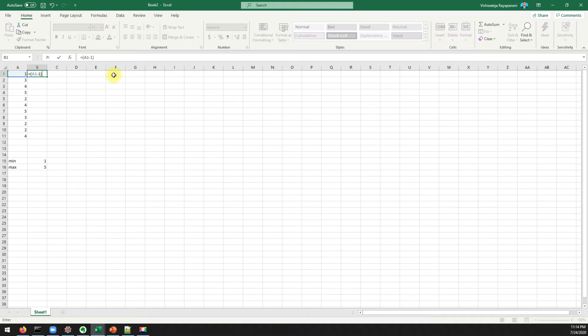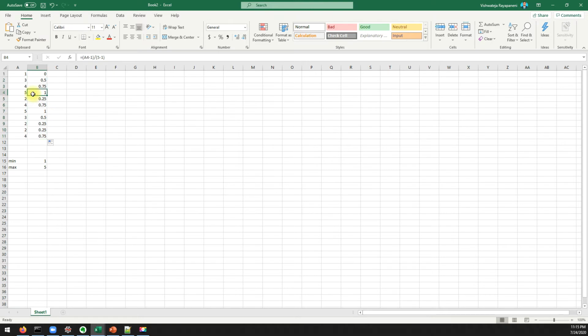So divided by, my maximum value is 5 and the minimum value is 1. Obviously 0. Let's calculate for the remaining values. Looks like something is wrong. Yeah, it's not multiplication, it's a division. So we'll do it for the remaining cells as well.